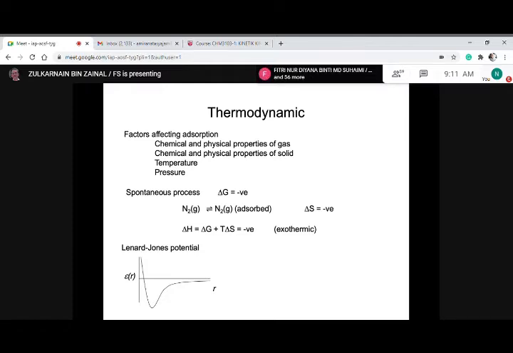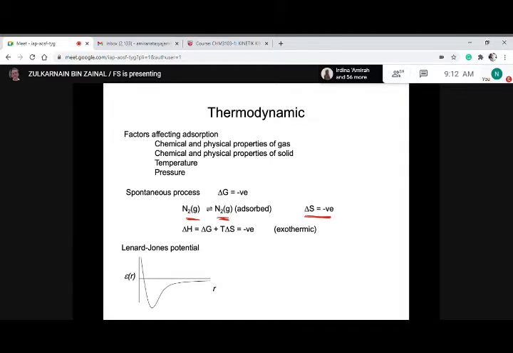If you think of the adsorption process occurring on the surface, nitrogen gas which is free, and nitrogen gas adsorbed on the surface. Of course, if you take the difference, delta S will be negative, because the S value for the adsorbed is lower than the S value for the non-adsorbed, right? So that's why delta S is negative.